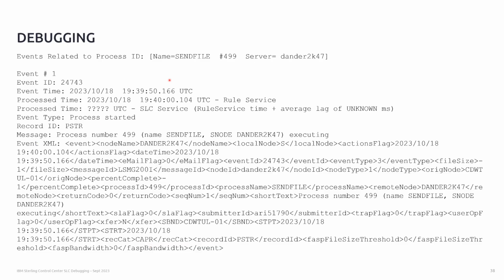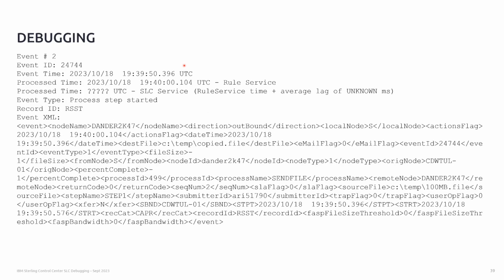It occurred, and we saw that the workflow started as a result of the event ID that you saw up there at the top in a previous slide, on that process step started, 24744. So if you remember, that was the event ID that triggered our workflow that we saw in the first part of the report.